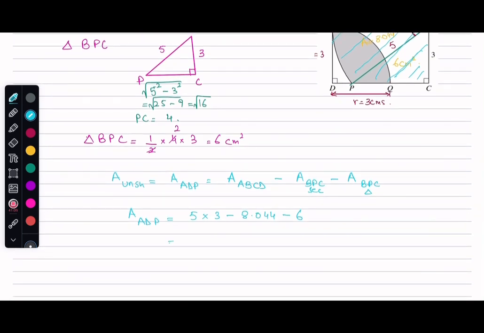So 15 minus 8.044 minus 6 gives 0.956 centimeter square for this area.